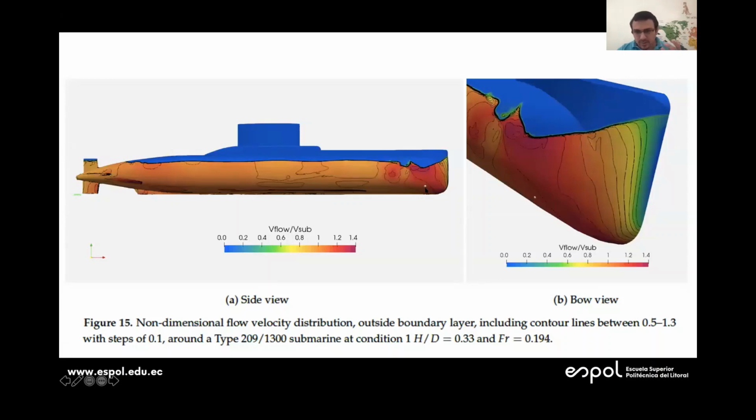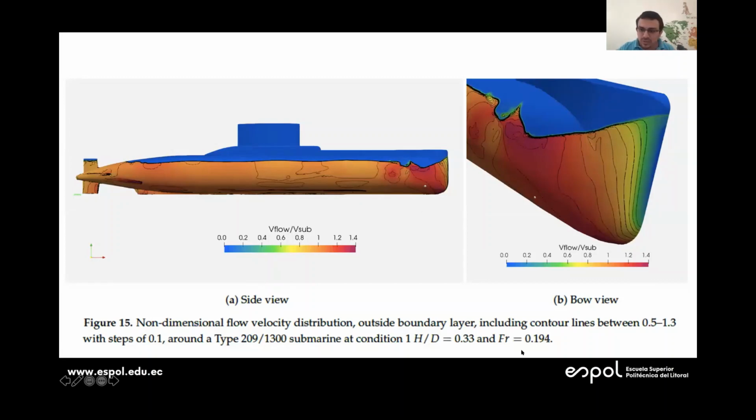We now know that this sensor, although on the acceleration region, sees a flow velocity above the navigation velocity, between 1.1 and 1.2 times. And this distribution remains constant for all the operational velocities of the submarine.